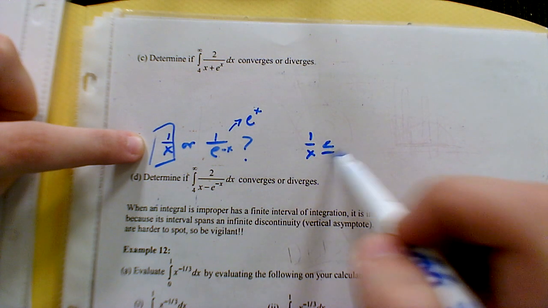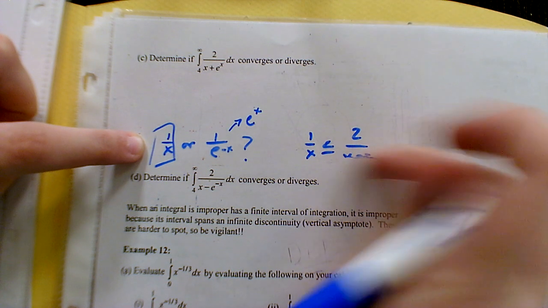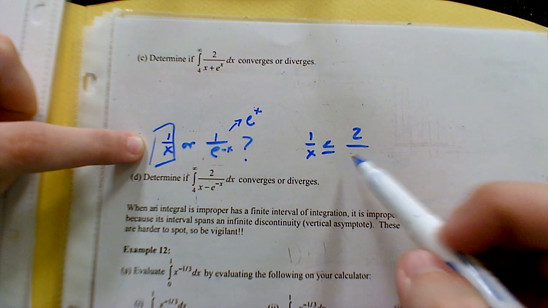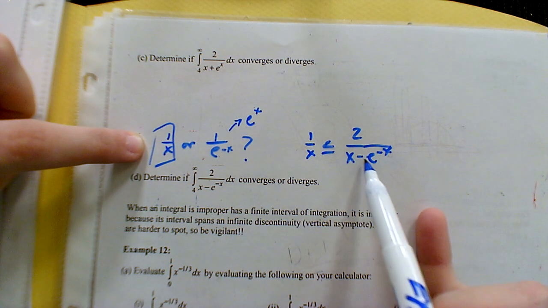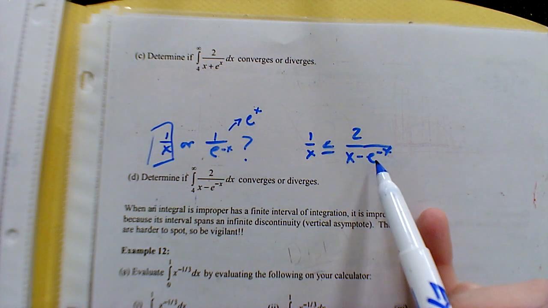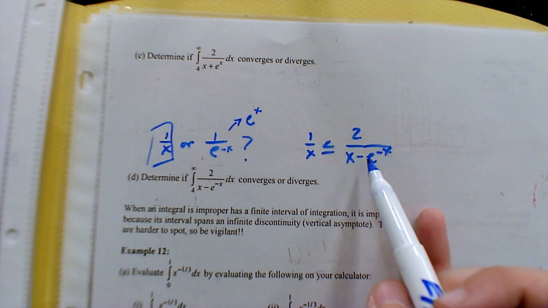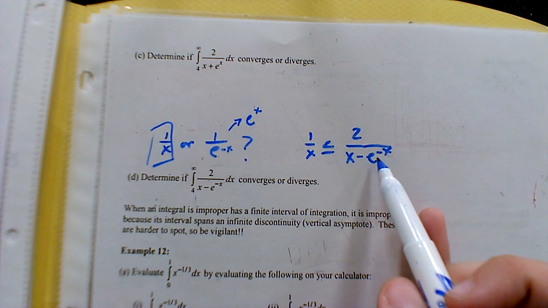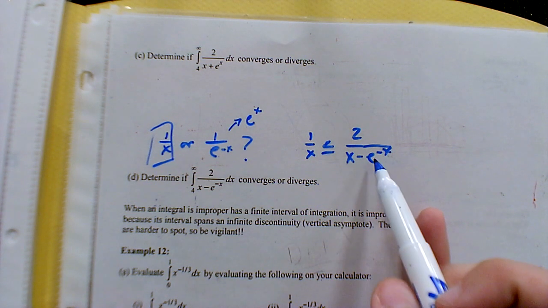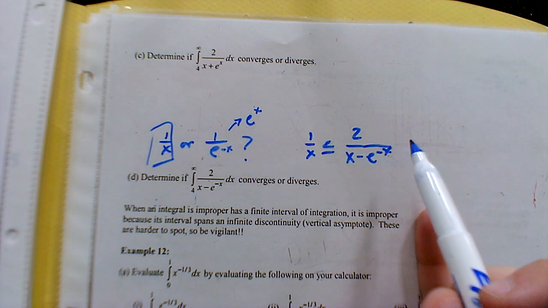Because the other one is always being subtracted by e to the negative x, and x isn't. Right. If you're subtracting some number in a denominator, that's making your denominator smaller. It's backwards for fractions. If you have a smaller denominator, that signifies a larger value. It's a little backwards thinking.